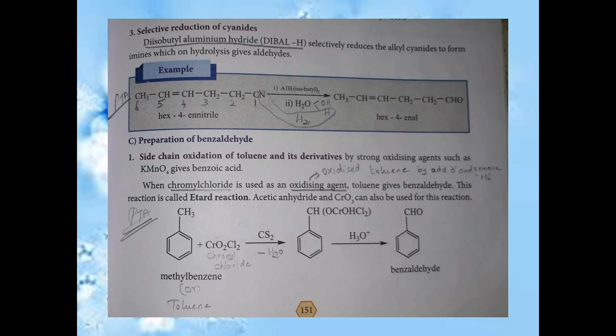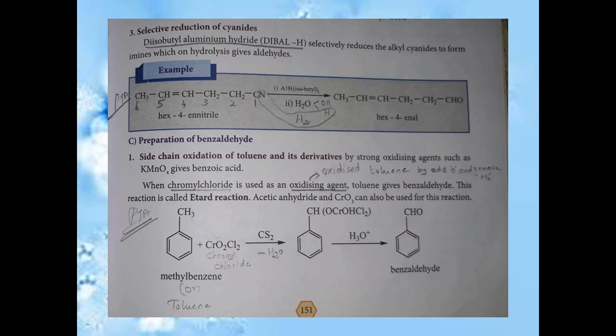Here we are going to prepare the unsaturated aldehyde. Selectively, diisobutyl aluminum hydride reduces the cyanide to form aldehyde. Here, first of all, 6 carbon hex, and the fourth carbon has a double bond, so 4-ene, and the first carbon has cyanide, that is called nitrile, so hex-4-enenitrile.